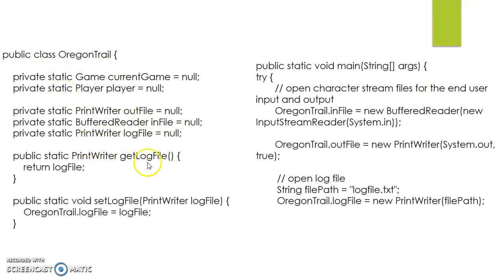If you scroll down a little more in the code here, you can see that in the try statement, we open character stream files for the end user input and output. You can see this with the BufferedReader and the PrintWriter. Also, we create a log file text where the error is going to be printed.